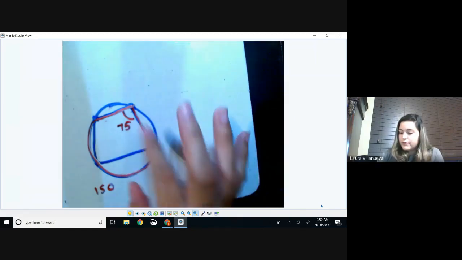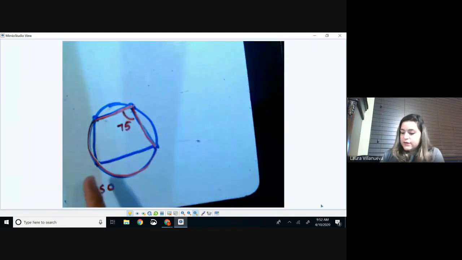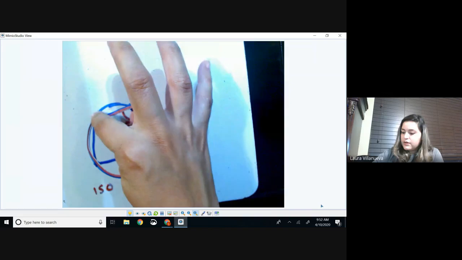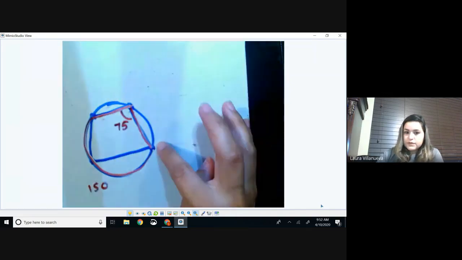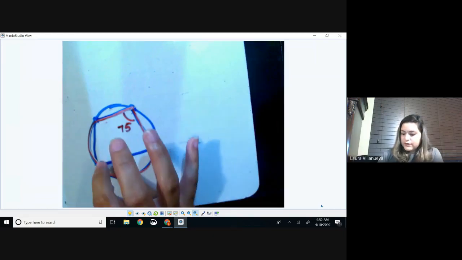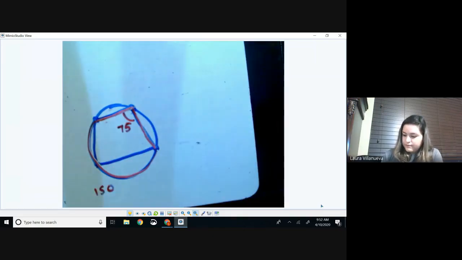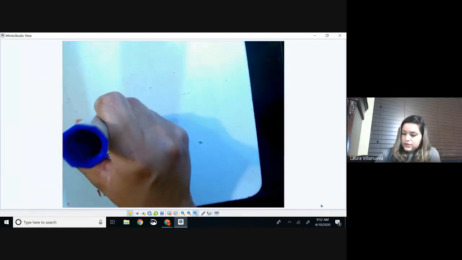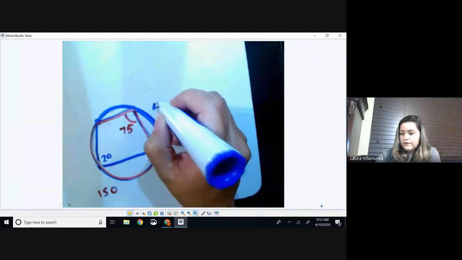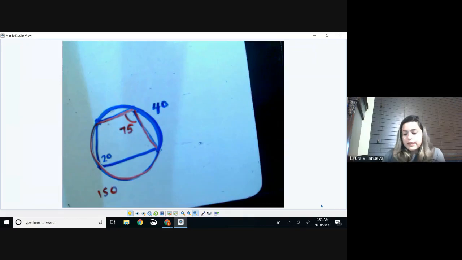Don't worry about those extra lines. If they're giving you this one, then it equals to double this arc, I'm sorry. So they're giving you this one to be 20, then this arc is going to be 40. Like I said, don't worry about those extra lines.